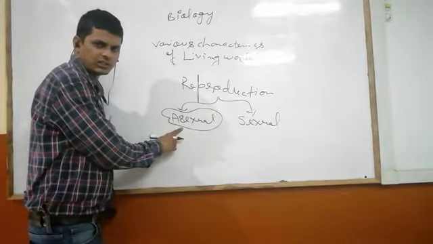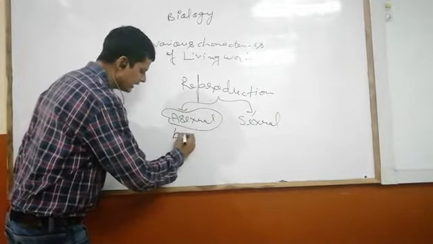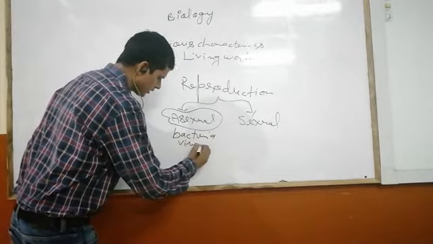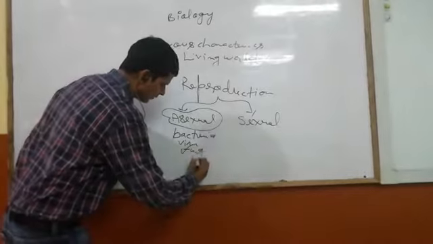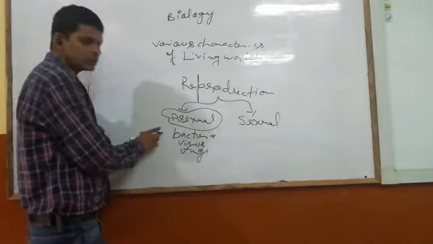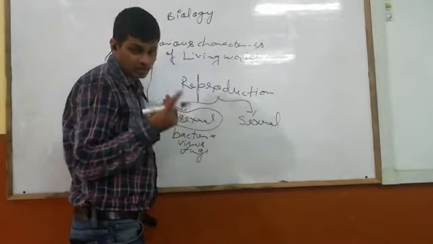Asexual reproduction means a single parent, as in bacteria, spores, viruses and fungi. Sexual reproduction occurs in plants and animals.